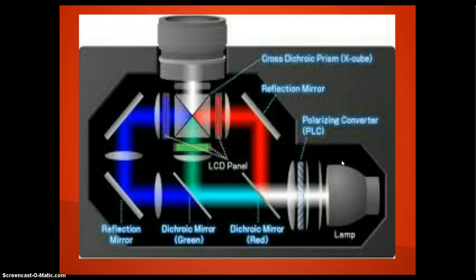And this is to help increase brightness, which is another thing that LCD projectors are known for, along with just great clear images, great zoom, really just great light, and they don't wear out very easily.